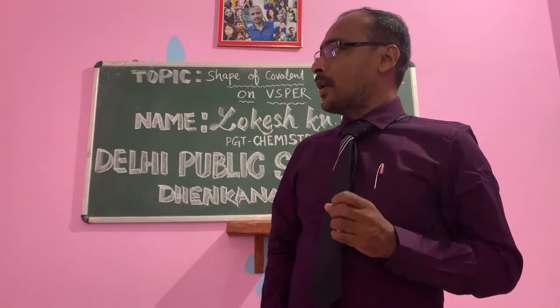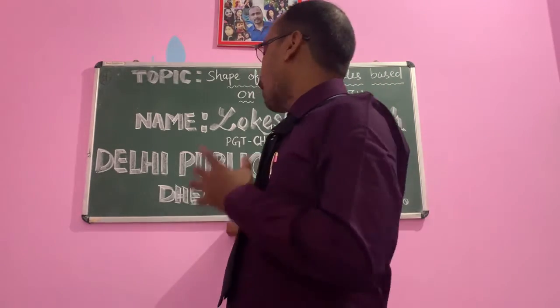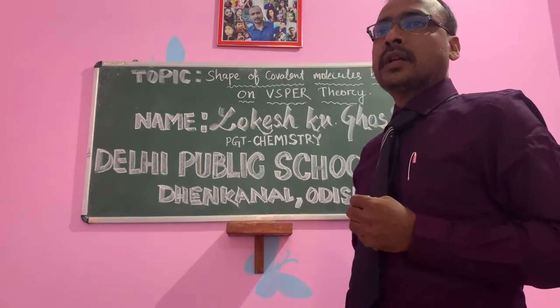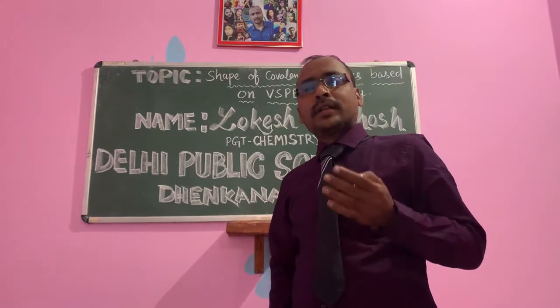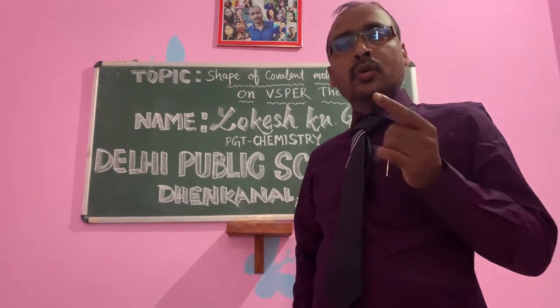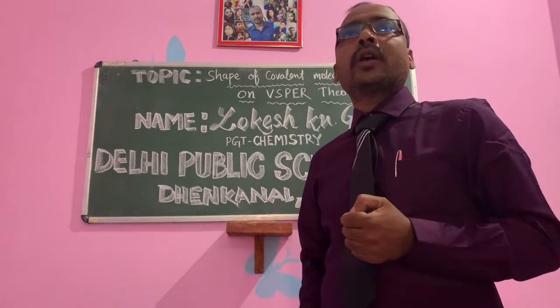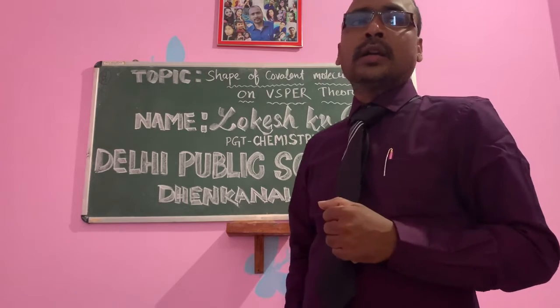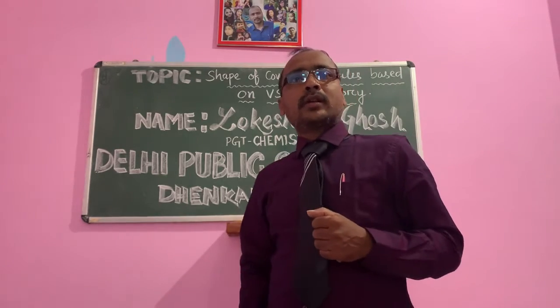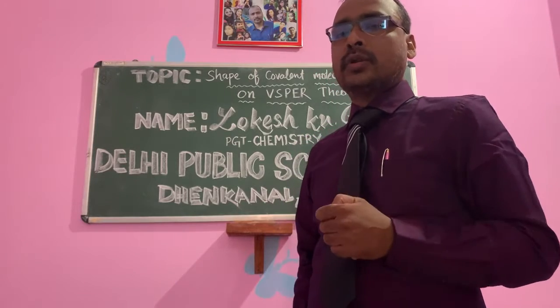So the shape of covalent molecules based on VSEPR theory is broadly classified into two types. The first one: the shape of molecules not having lone pairs of electrons on the central atom. And the second one: the shape of molecules having lone pairs of electrons on the central atom. So these are the two main types.